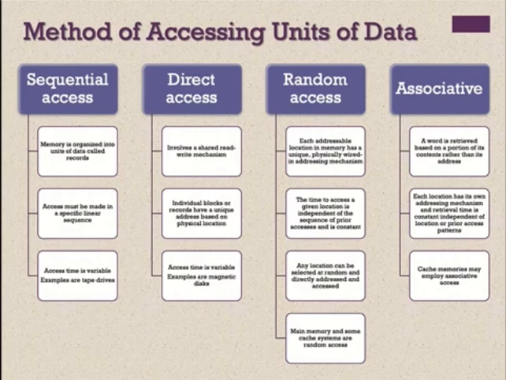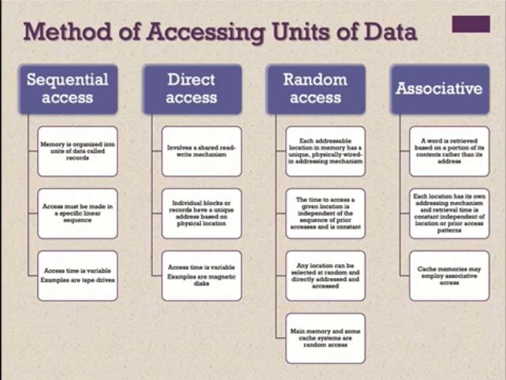Access time is variable because, let's say, the head is at block number 10 and you want to go to block number 15, so you will start from block number 10 and go through blocks 11, 12, 13 up to 15. You are not starting from block number 1.